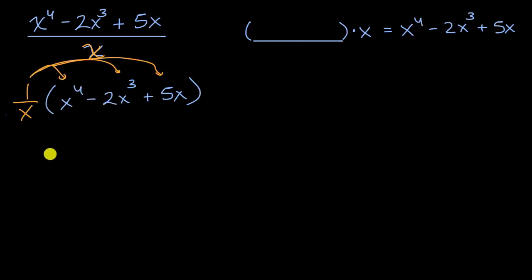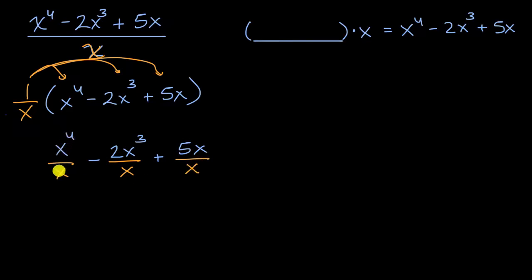Well, it's going to be x to the fourth over x minus 2x to the third over x plus 5x over x.